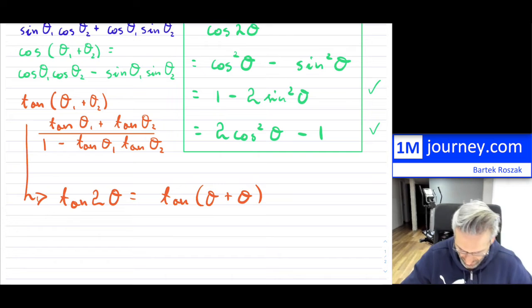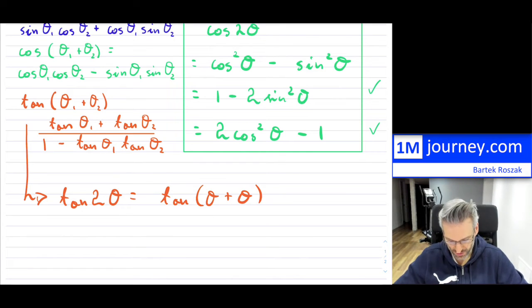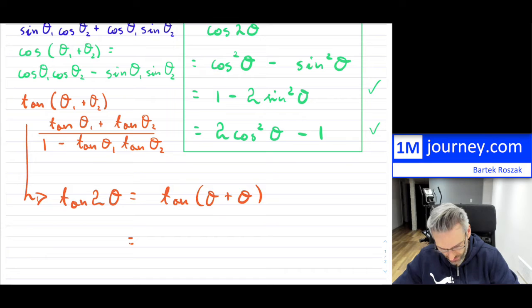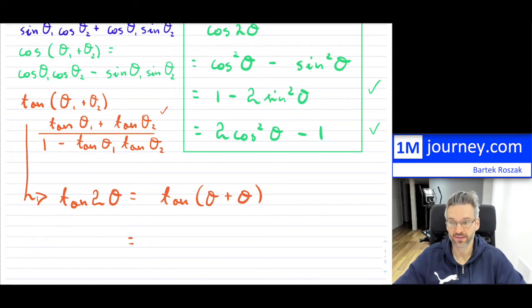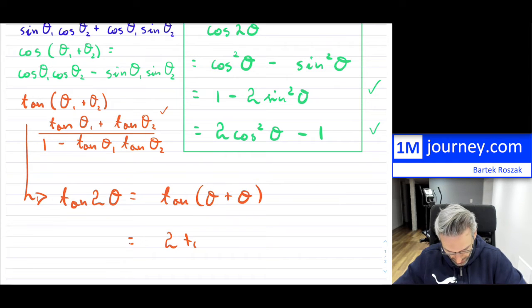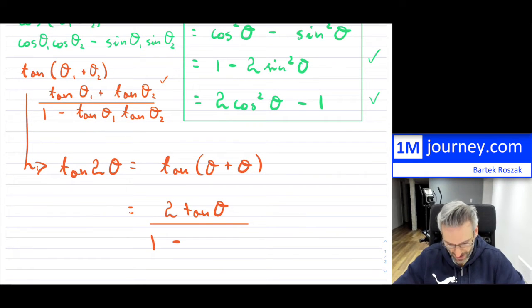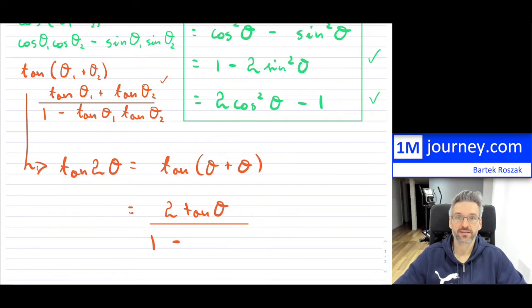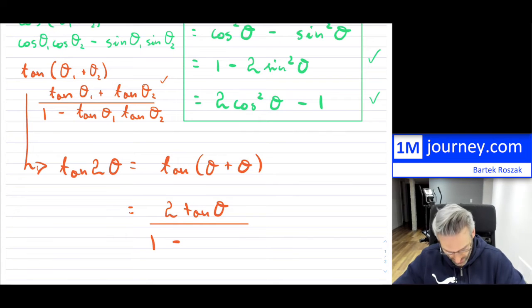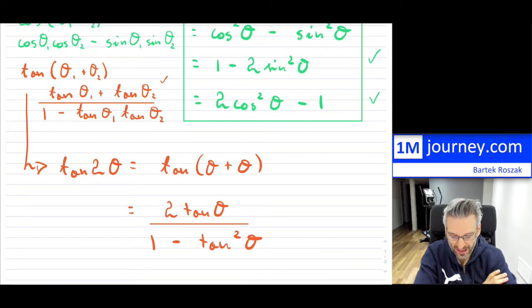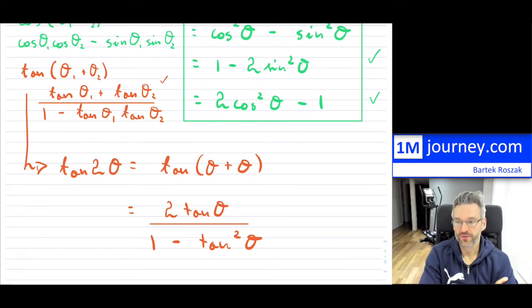And if you substitute this back in, the numerator is going to be tan theta plus tan theta, so that's just 2 tan theta, divided by, in the denominator, 1 minus tan theta multiplied by tan theta. So that's just tan squared theta. And that is your last double angle formula that you would have.